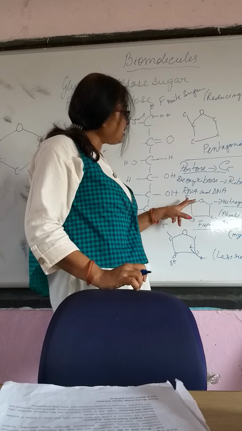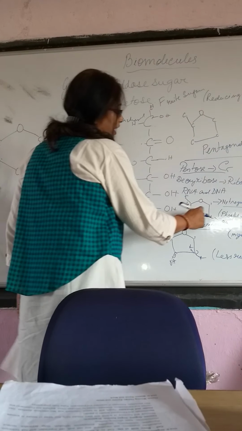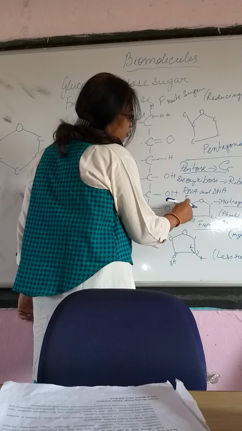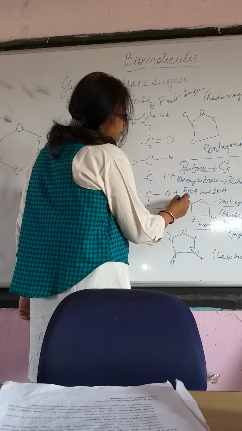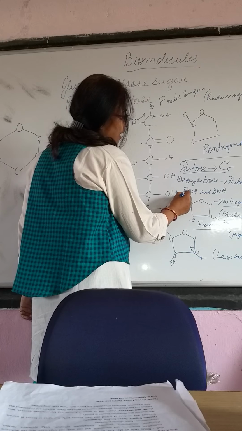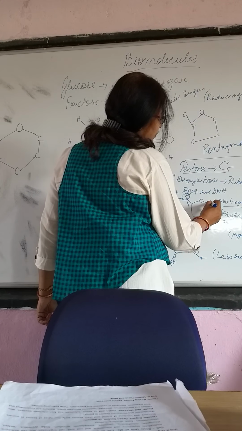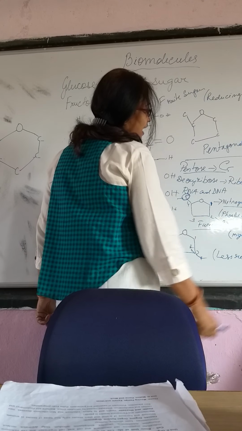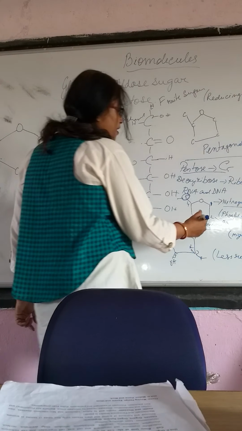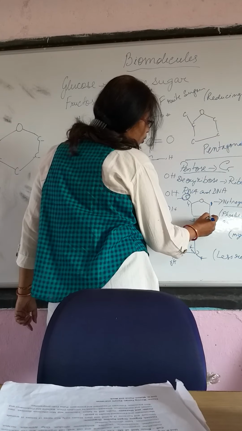If we number 1, 2, 3, 4 and 5, the 5th is attached to the nitrogenous base, and the first is attached to the phosphoric acid bond, and the 2 and 3 groups have the functional group attached to them. Here we have 2 structures, one is deoxyribose and another one is ribose.